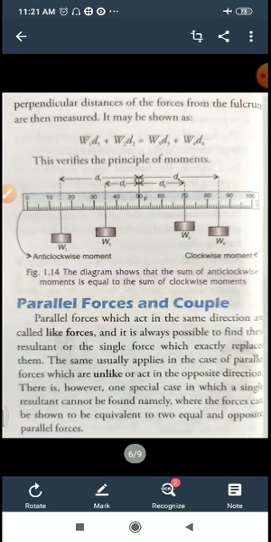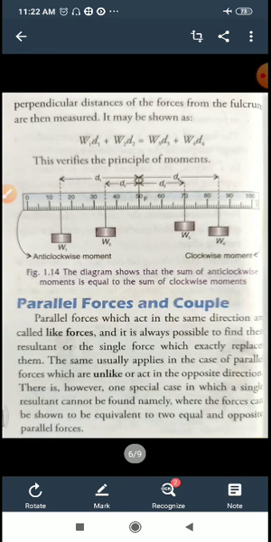So how can we calculate? On the left hand side, the weights W1 and W2 are present, and they will produce an anti-clockwise moment, but W3 and W4 are present on the right hand side, and they will produce a clockwise moment.